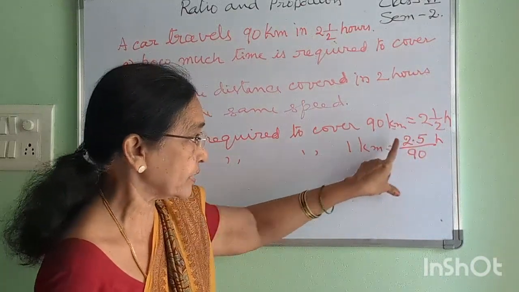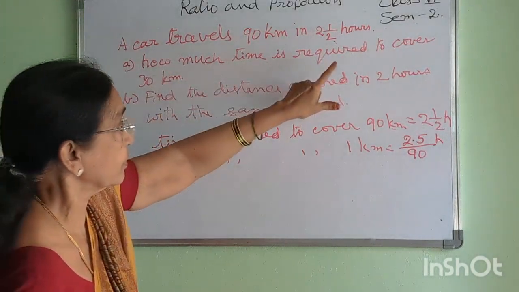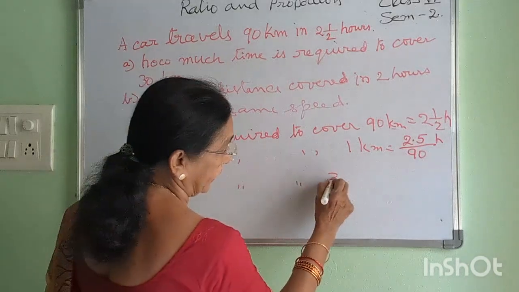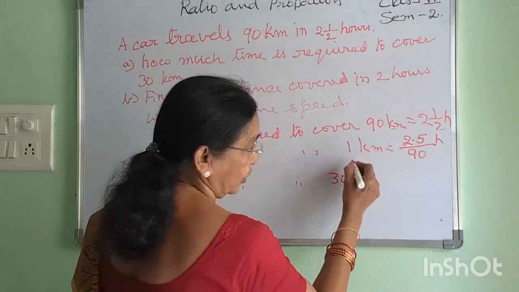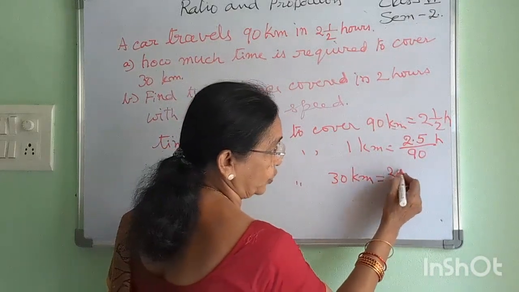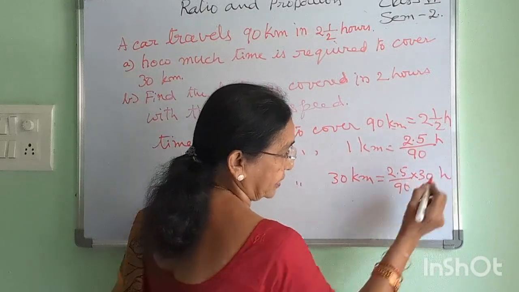Therefore, how much time is required to cover 30 kilometers? For 1 kilometer the time is this much. So for 30 kilometers the time is 2.5 by 90 into 30 hours.